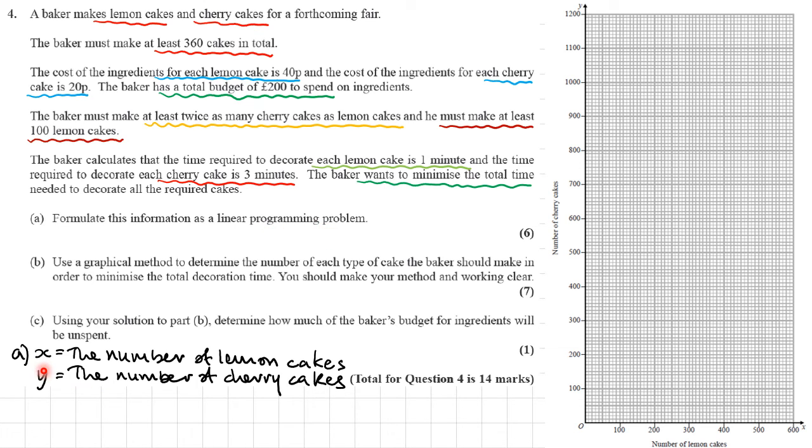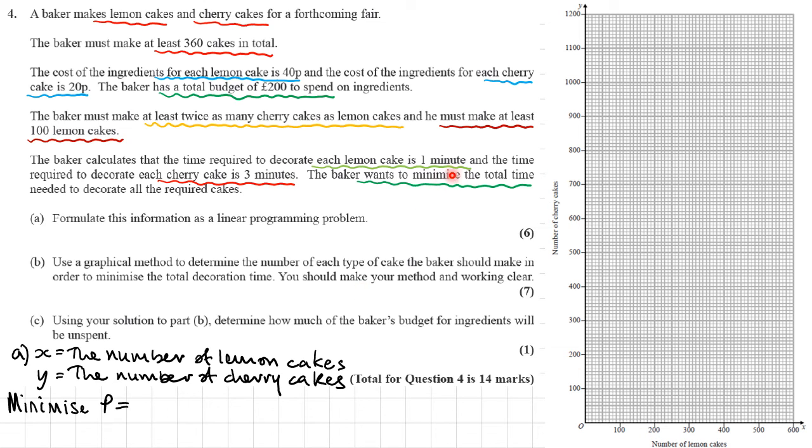So I'm going to define my variables as x is equal to the number of lemon cakes and y equal to the number of cherry cakes. And if you weren't sure which one to make x and y, you can look at the graph that goes with this question in the answer booklet.